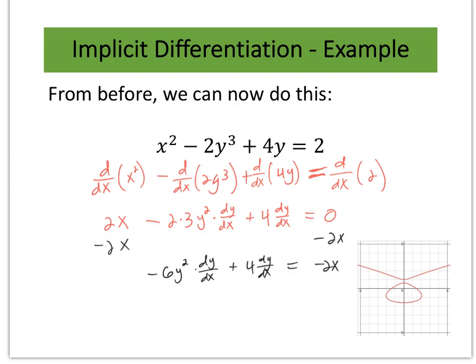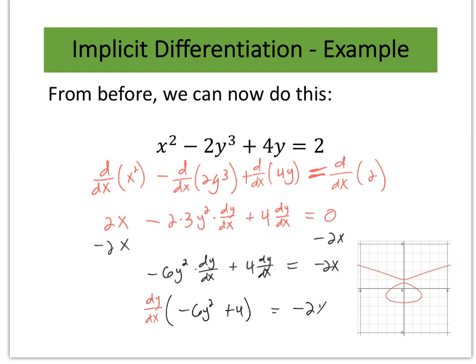And I just wanted to show this to you because now I can actually factor out this dy dx. I always got stuck here, and it's as simple as just factoring out a dy dx. So my dy dx is in front, and everything else is left behind.